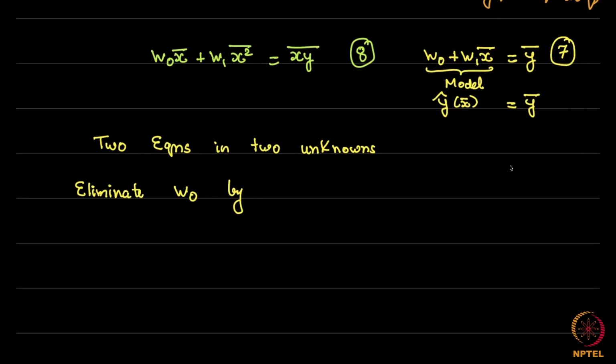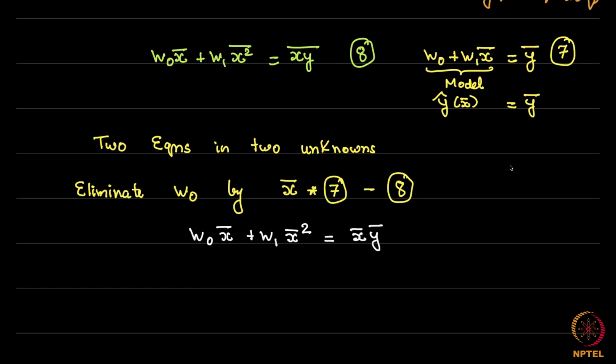So x bar multiplied by equation 7 minus equation 8. So what that gives you is W0 x bar plus, now notice, W1 x bar square, equal to x bar y bar.